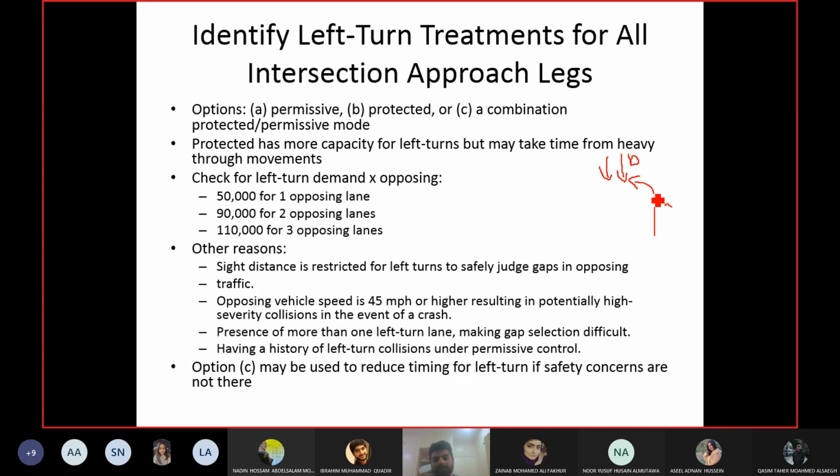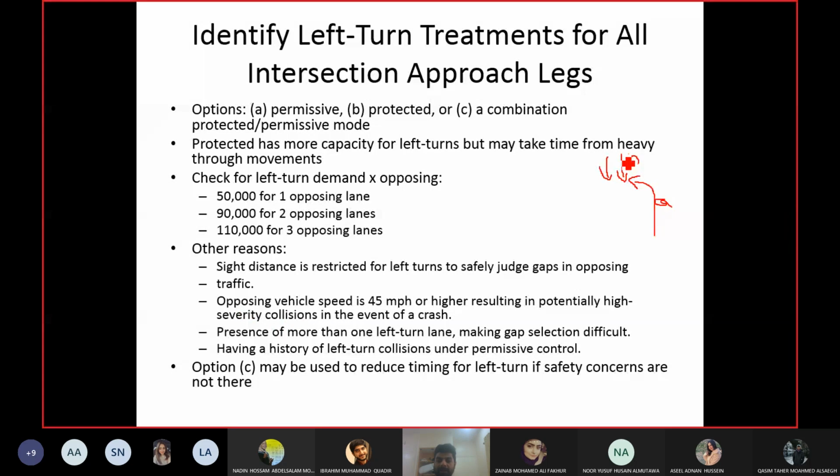Nobody taking the left turn will use it as permissive; they will stop because they cannot see the other side until they are at the stop line. So if the sight distance is a problem, obviously you have to make it protected.